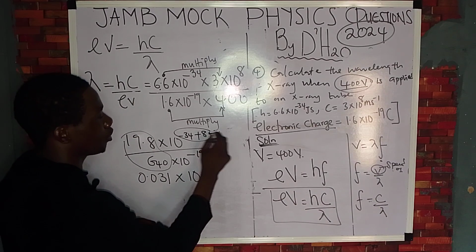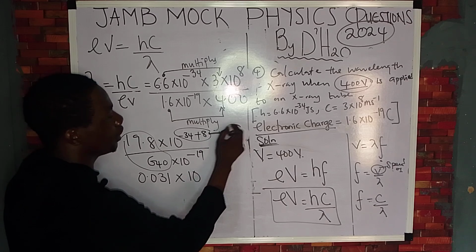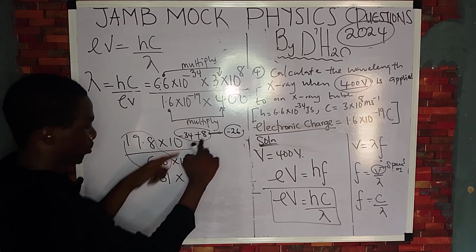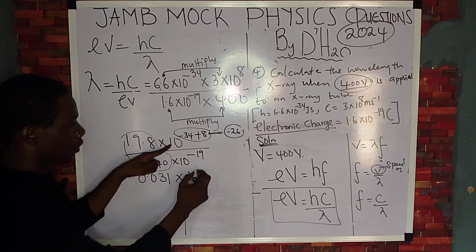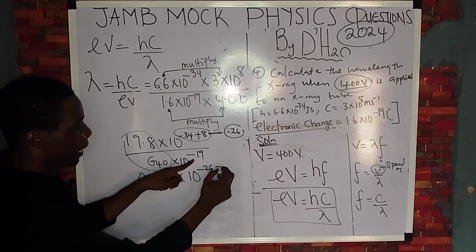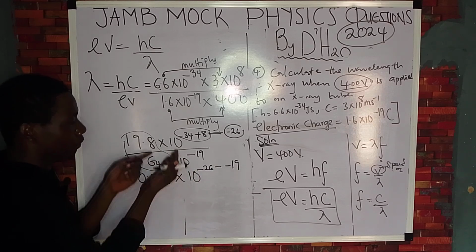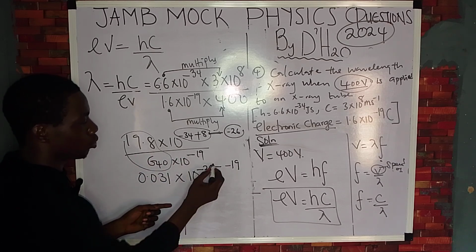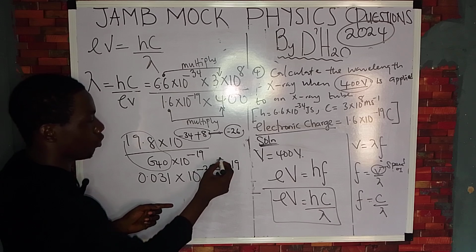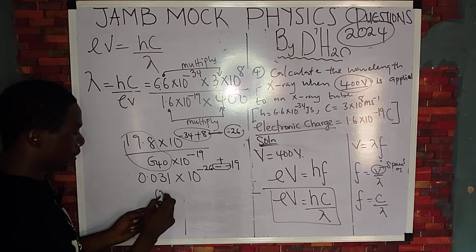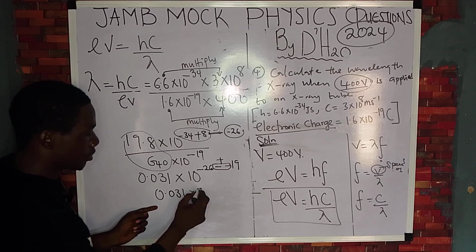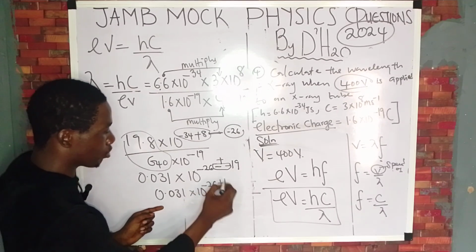So minus 34 plus 8 will give us minus 26. So what we have now is 10 raised to the power of minus 26 minus minus 19. Don't forget, in indices, when you are dividing, you subtract. So this minus will give us plus. So you have 0.031 times 10 raised to the power minus 26 plus 19.